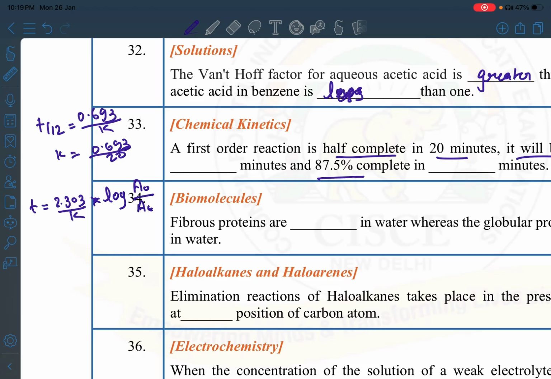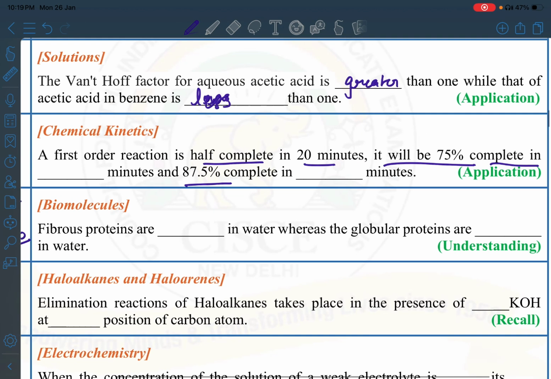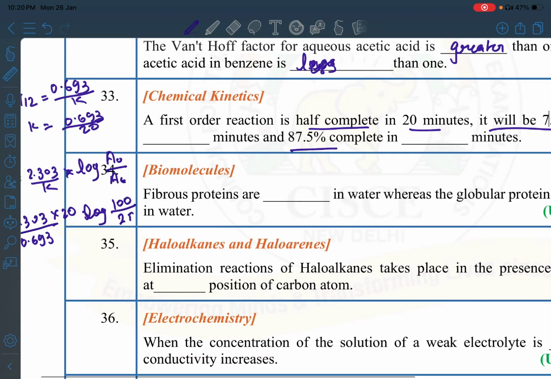So 2.303 by k is 2.303 multiplied by 20 upon 0.693, and log a naught is 100 and it becomes 75, so the leftover is 25.